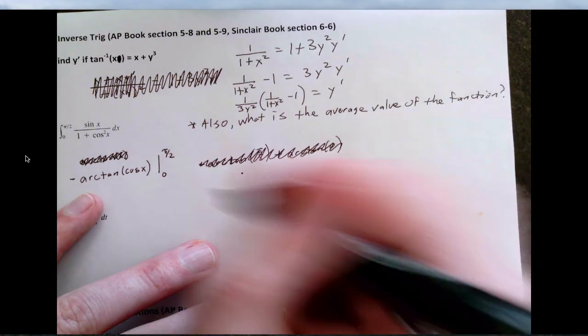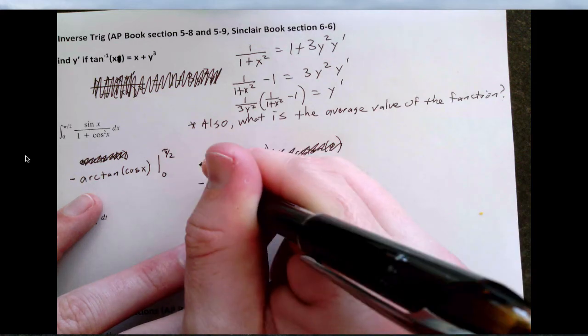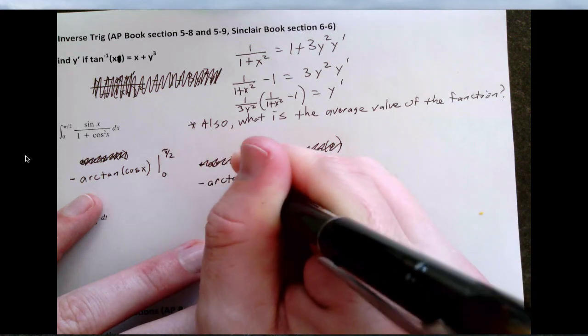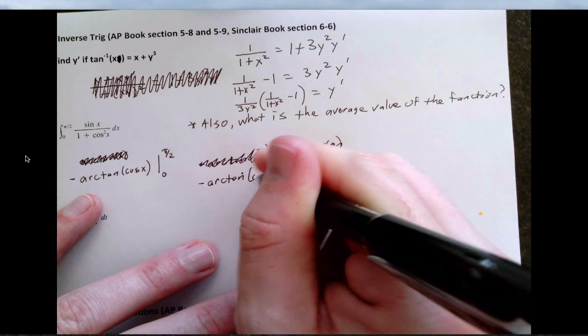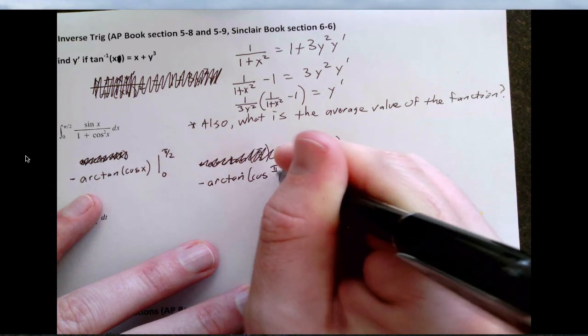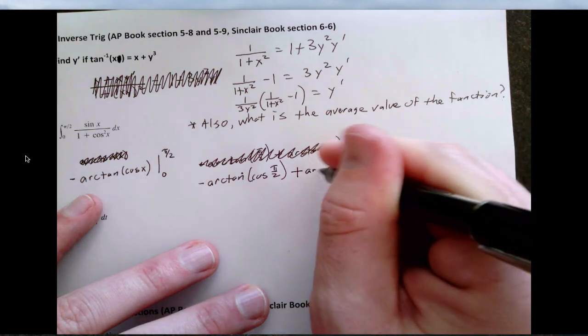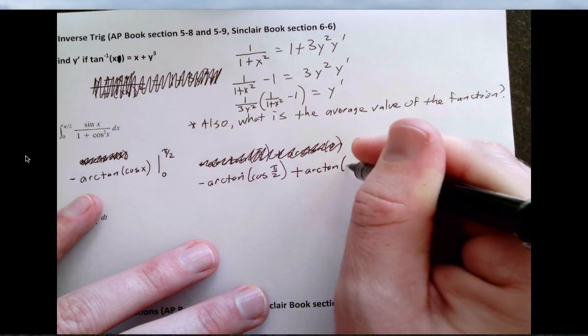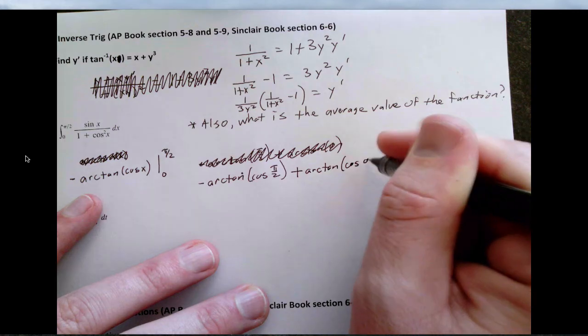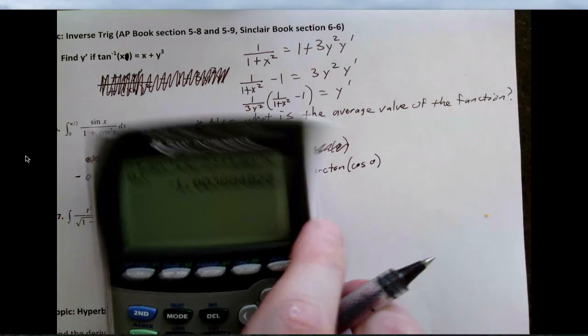Okay, so at this point I have negative arctan of the cosine of pi over 2 minus a negative, so it pluses, the arctan of cosine 0, and let's see what those are.